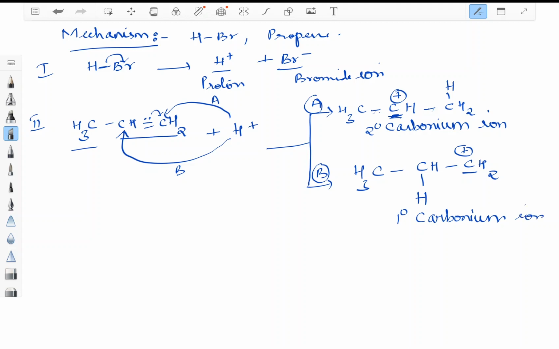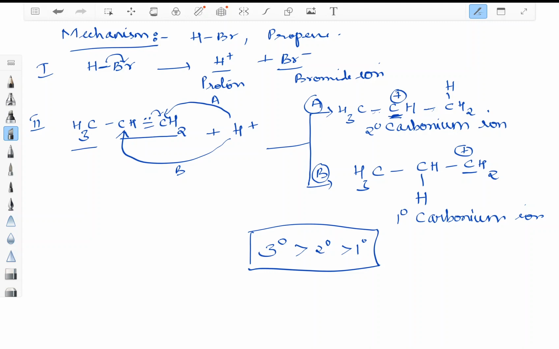And please remember, the point here is that tertiary carbonium ion is supposed to be more stable, followed by secondary carbonium ion, followed by primary carbonium ion. So this understanding is very important. So in this second step, we have two options. In the previous example of ethene, when it was symmetrical, we were getting only one type of carbonium ion, that was ethyl carbonium ion.